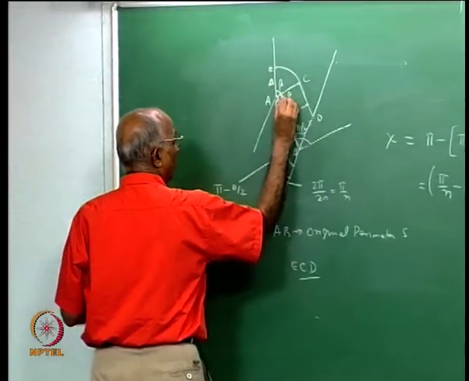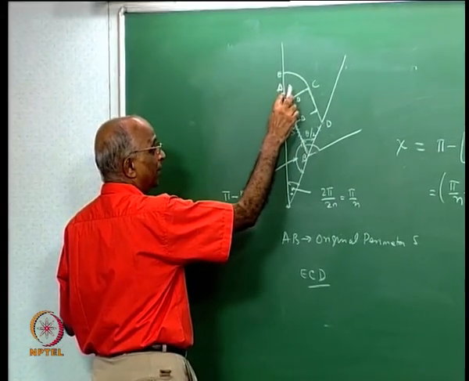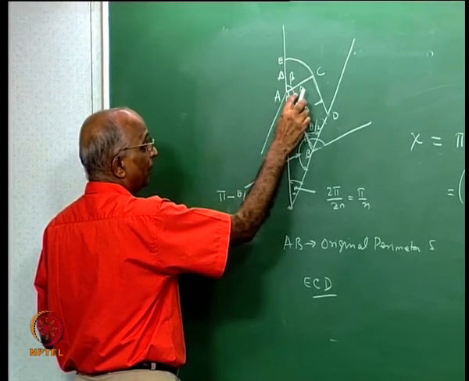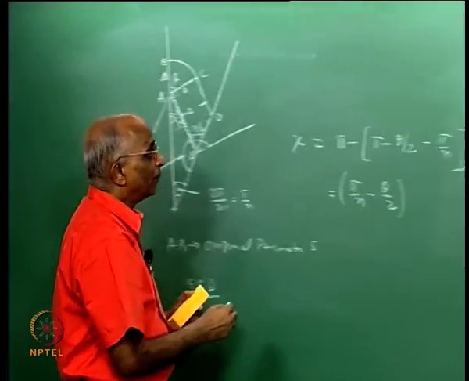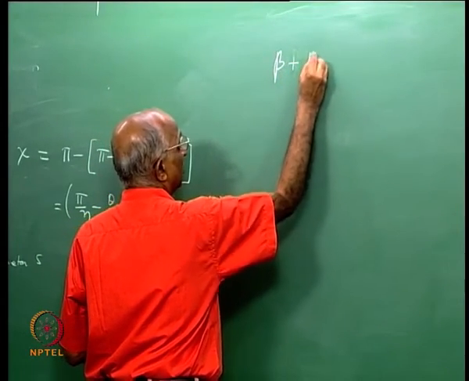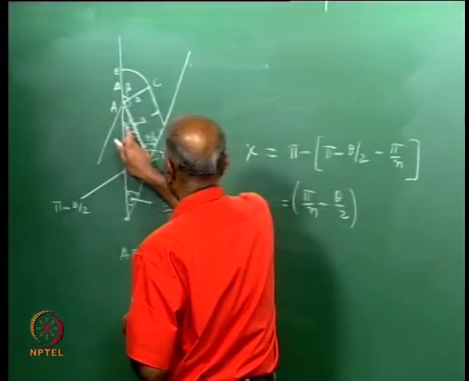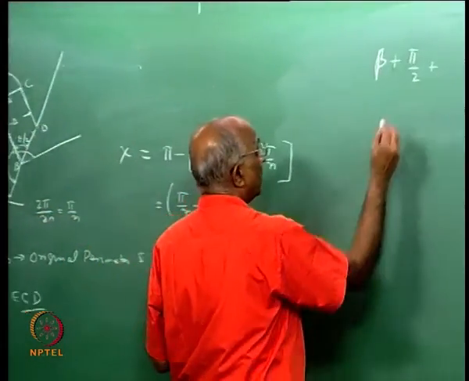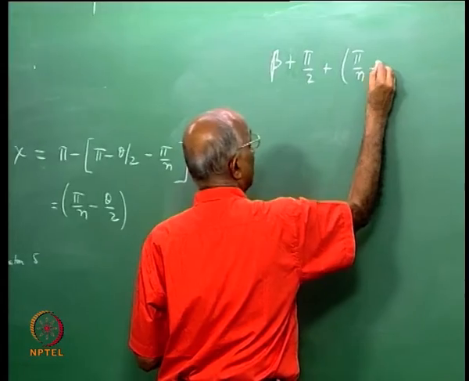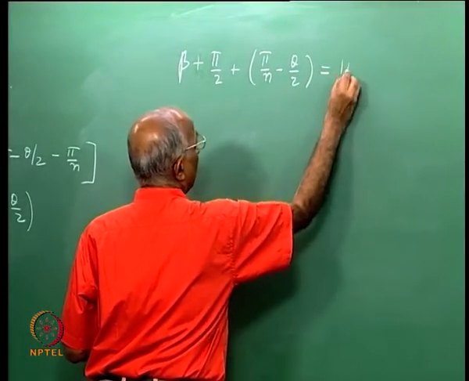This is a right angle over here, therefore we have beta plus pi by 2, 90 degrees, plus the angle chi, which was pi by n minus theta by 2, is equal to 180 degrees, which is equal to pi.